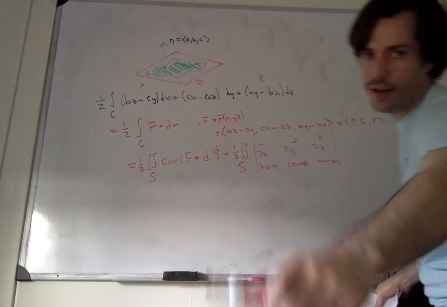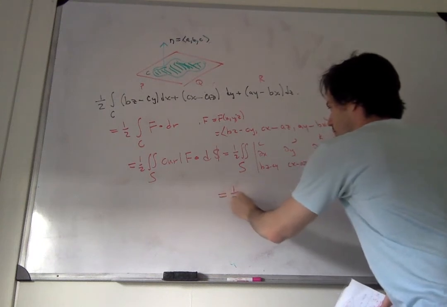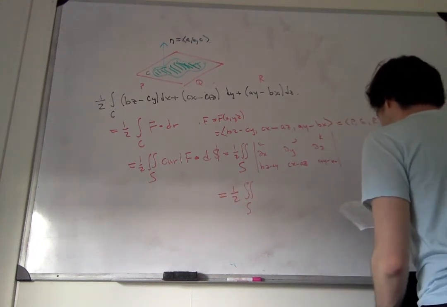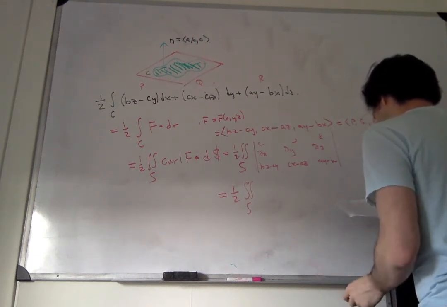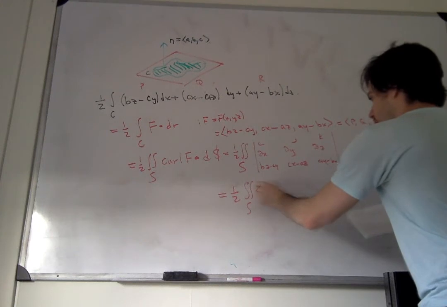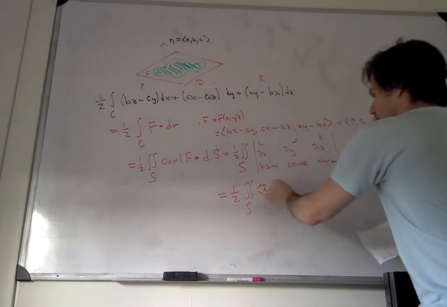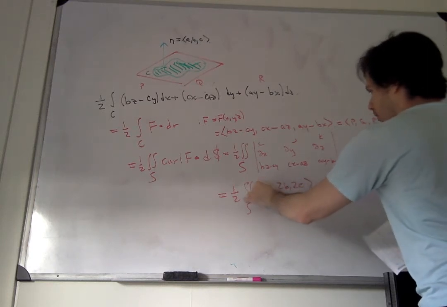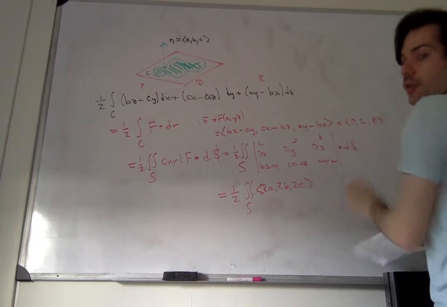Now it's a very routine calculation to show that this is one half double integral over S of, you should get 2a, 2b, and 2c, dot dS.